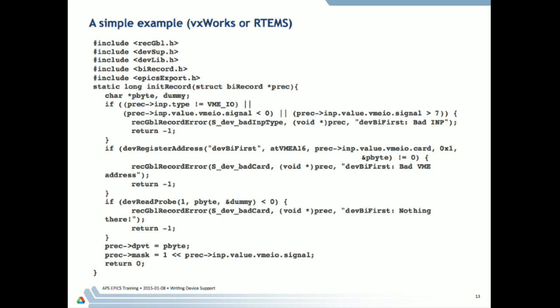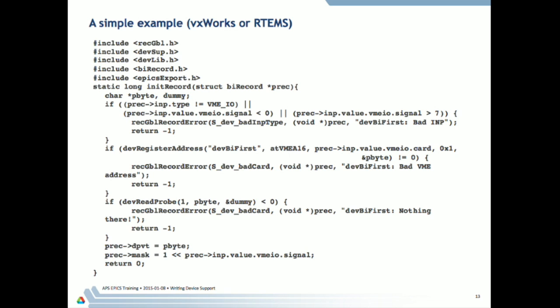Next, we come to the dev register address line, and the point of this device support is that it allows you to specify an address in the VME A16 address space, and so you can specify the address in that space and a bit number. So basically, you can use this to access individual 8-bit registers on any I/O device.